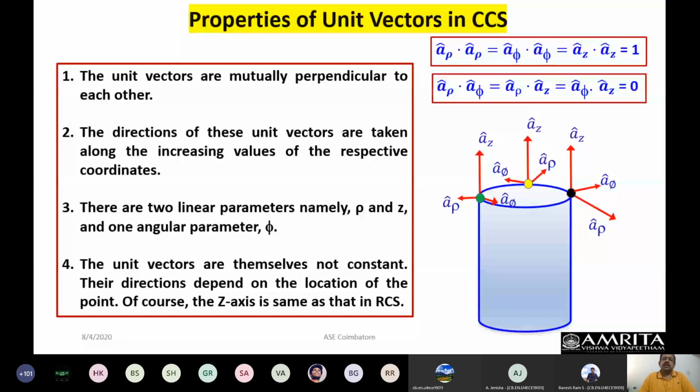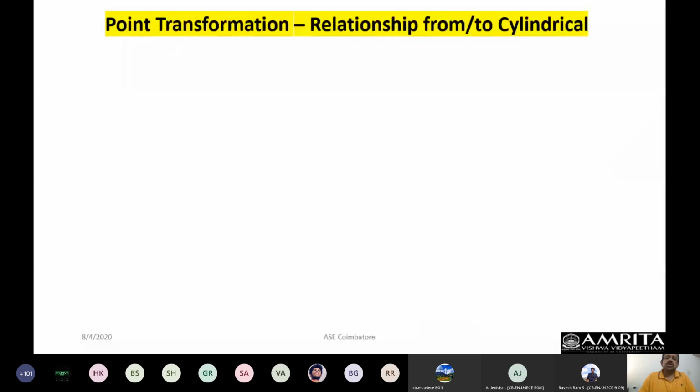First, we will talk about point transformation. So I want to know what is the relationship from and to the cylindrical coordinate system. What it means is, if I am given a point in a cylindrical coordinate system, how do I visualize that point in a Cartesian coordinate system? Or if I am given a point in the Cartesian coordinate system, how do I visualize that point in the cylindrical coordinate system?